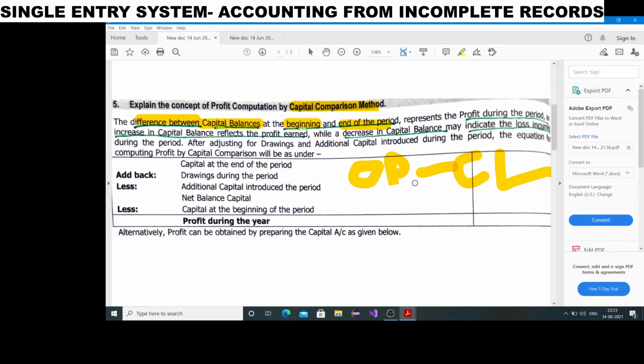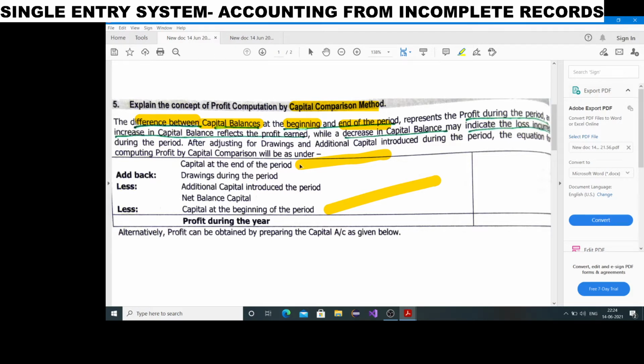Next, how we have to find the profit from opening and closing balance. In the question, you might be given the capital balance at the end or the capital balance at the beginning, but both capitals will not be given. So how do you find the capital at the beginning or at the end of the period? For example, you are given the capital balance at the end of the period.